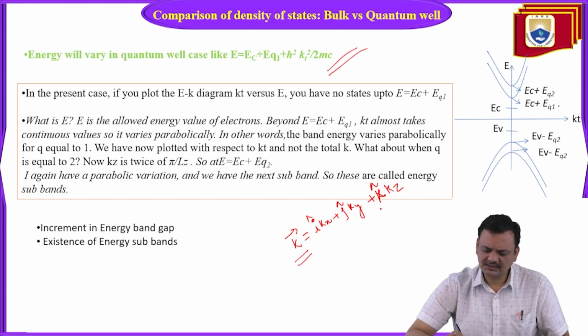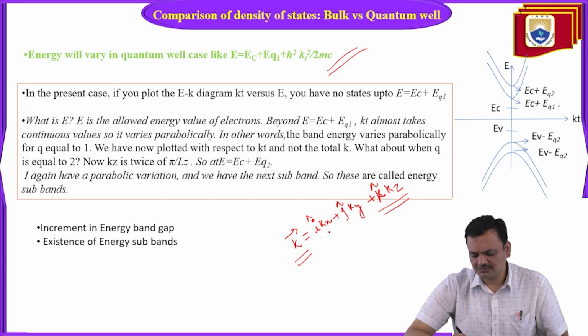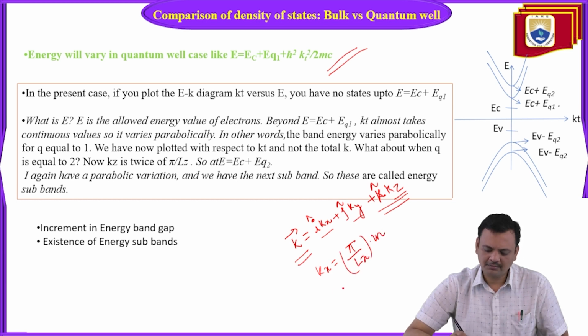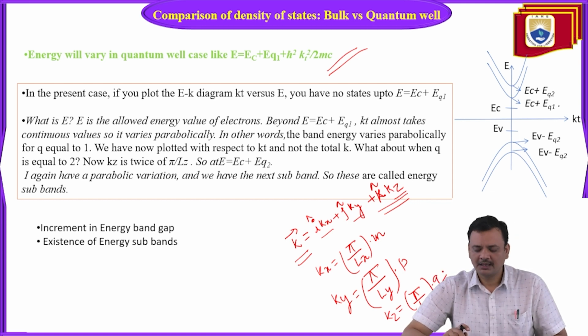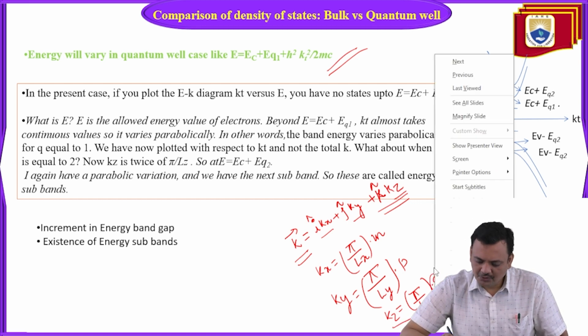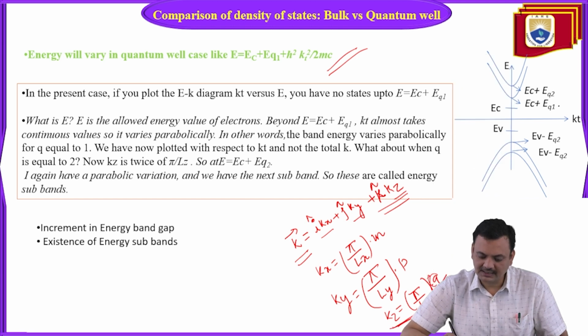Now you know that this kz is constant and these k are discrete in nature, and correspondingly kx, ky, kz are also discrete in nature. What values can they take? kx will be pi upon Lx multiplied by m, ky will be pi upon Ly multiplied by p, kz will be pi upon Lz multiplied by q. Okay, so this q is associated with the kz term.